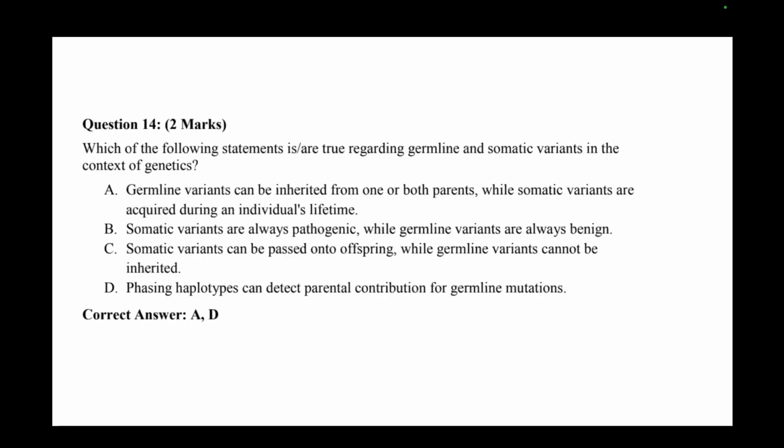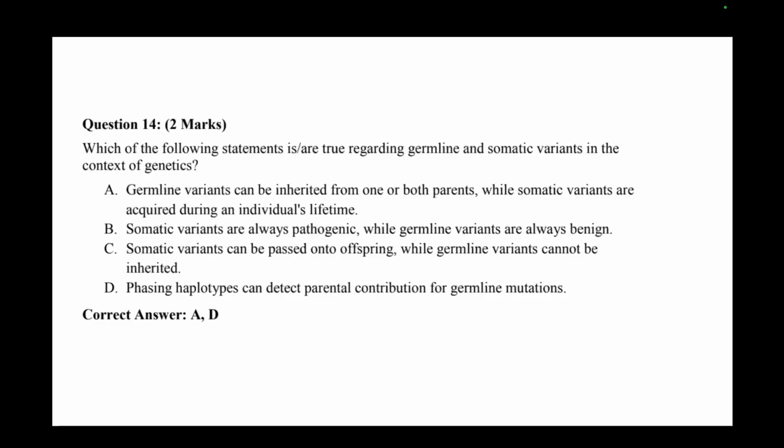Okay, so the first statement, germline variants can be inherited from either of the parents, while somatic variants are acquired during an individual's lifetime. This is actually true. Germline variants are propagated through reproduction, and somatic variants are generated through different types of environmental effects and other factors. It's not that somatic variants are always pathogenic. They can be benign variants, where there might be variations, but those are not actually affecting anything.